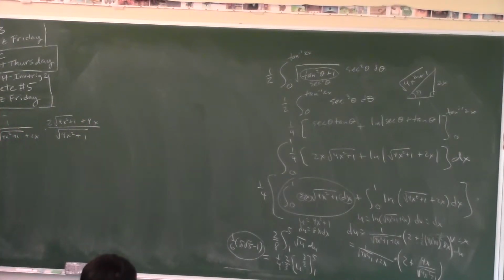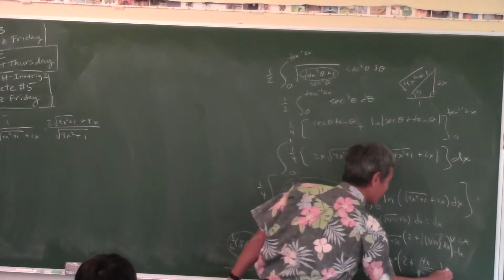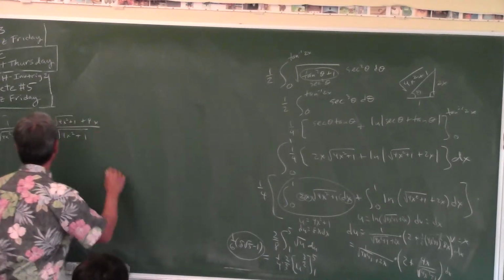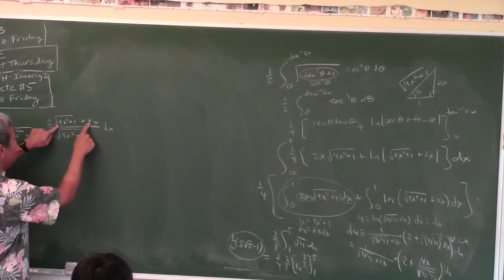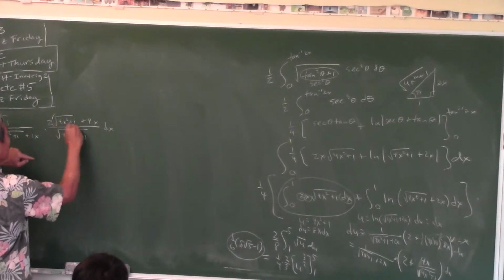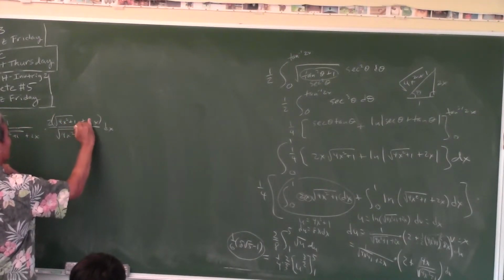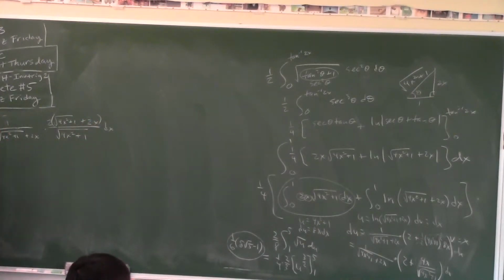You guys see it? You can factor out a 2 from this. Now that thing and that ugly thing, they cancel out. Look, cancel, cancel. All you have left is 2 dx over root 4x squared plus 1.